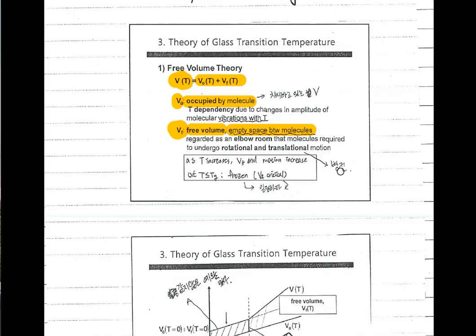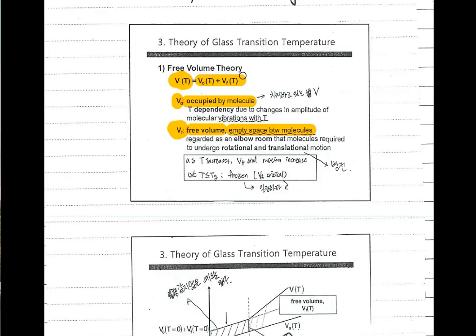That's why when you have more chain ends, for small molecular weight polymer chains, they have lower Tg. Okay, so basically, overall polymeric sample has total volume, which comprises occupied volume and free volume.